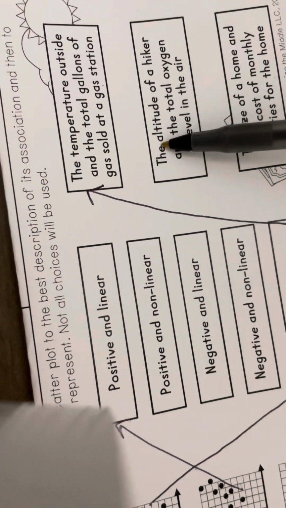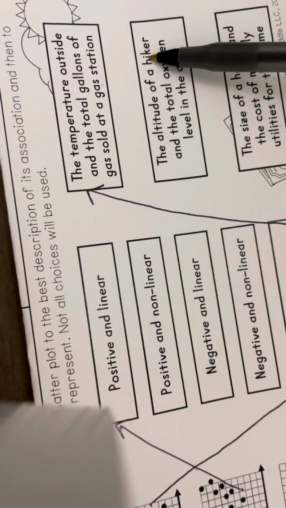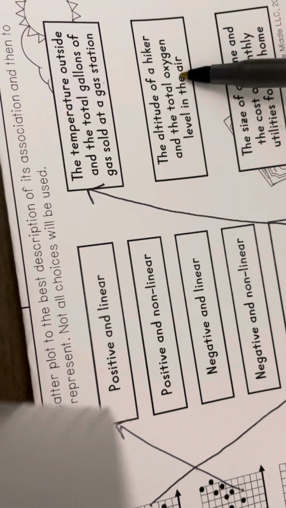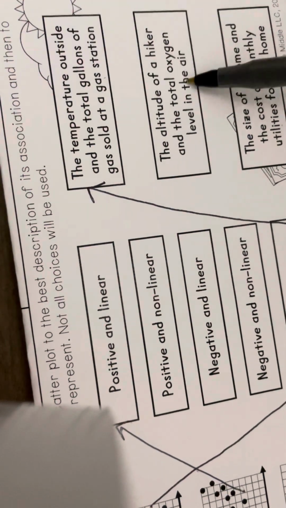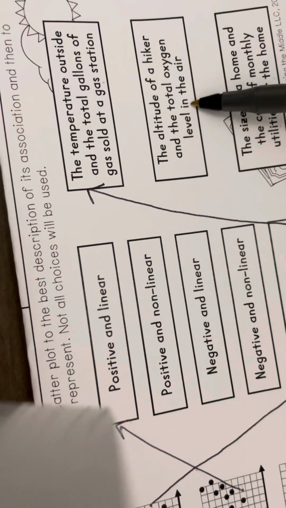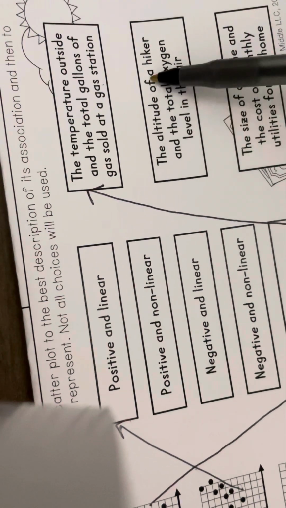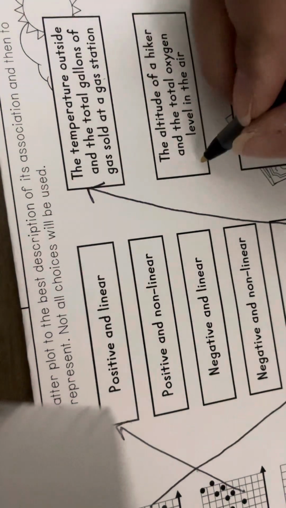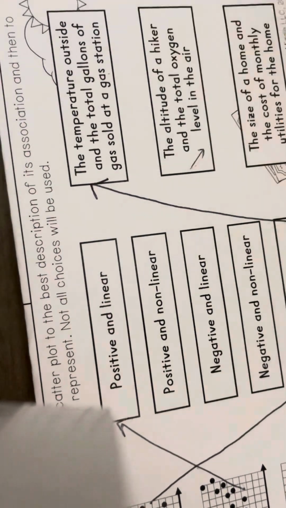So if the altitude increases, the oxygen also increases? No, right? You kind of feel like you're out of air when the higher up the mountain you are, the less oxygen you feel like you're getting. So as this increases, the oxygen goes down. Okay, so this one has a negative correlation.